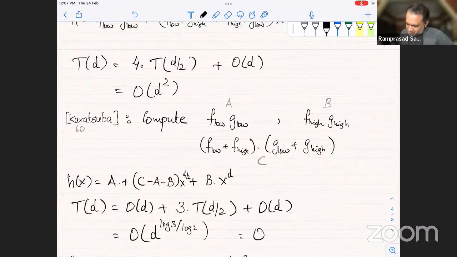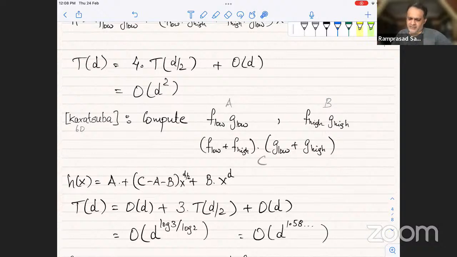This is roughly equal to 1.584 something, which is substantially better than order d squared, which is what we saw in the naive high school method. This was Karatsuba's algorithm. It's a very simple divide and conquer algorithm, and it's from the 60s. It basically tells us that you can do polynomial multiplication in sub-quadratic time.